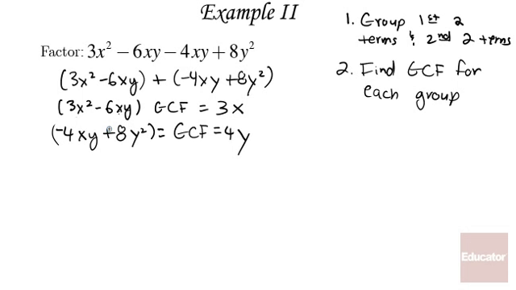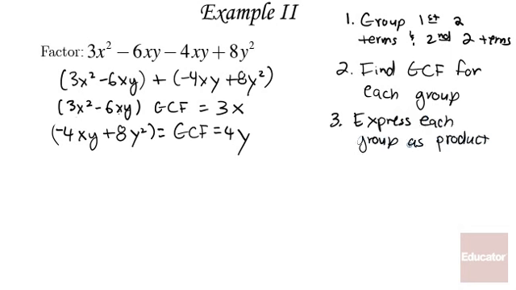So the greatest common factor for my second group is 4y. Now I'm going to express these as the product. So express each group as the product of the GCF and a binomial.